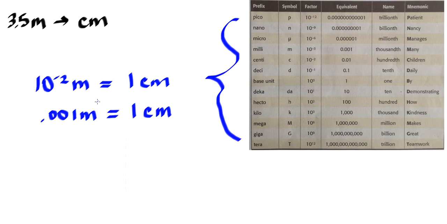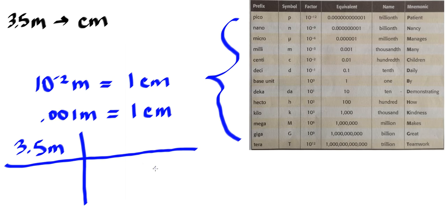So let's actually interpret the table and do this problem with this math. What you would do is say 3.5 meters, and then you do your railroad track here, okay? We're going from meters to centimeters. So meters needs to go on the bottom so we can cancel it out.